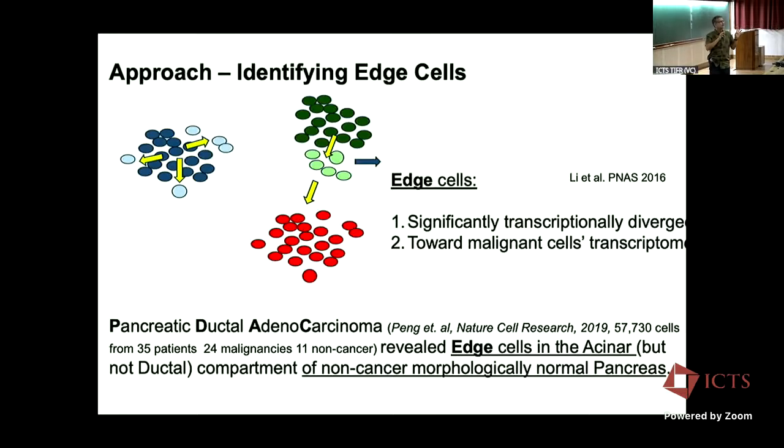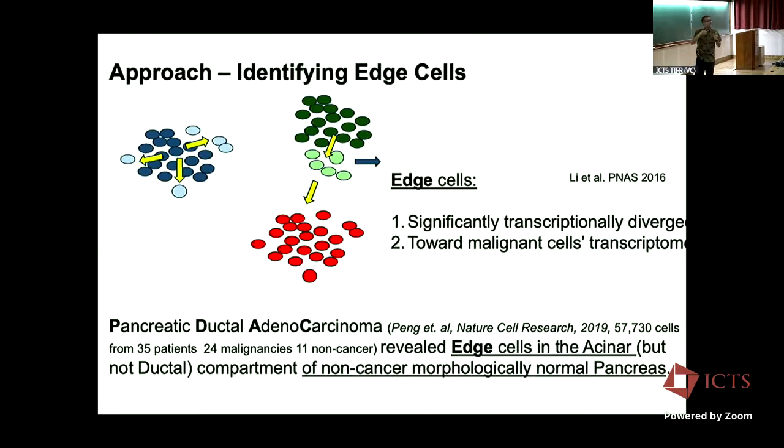Okay, so we look for kind of skewness in the distribution of the distance of the cell from the center of that cluster. Okay, so just stop me if anything I'm saying doesn't make any sense. And the second thing is, if we do identify those kind of high skewness, then we ask the cells that have gone too far from the center, where are they going? Are they going toward malignancy, right? So we are doing all this in the principal component space of single cells, right?